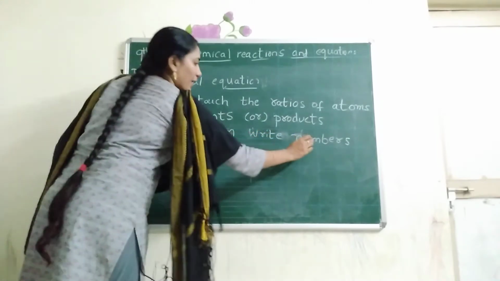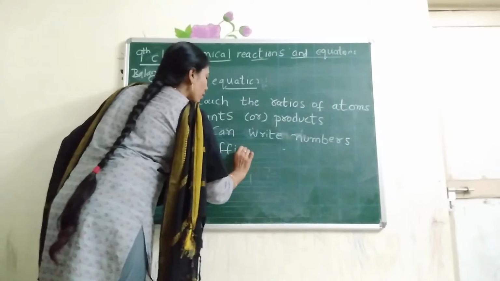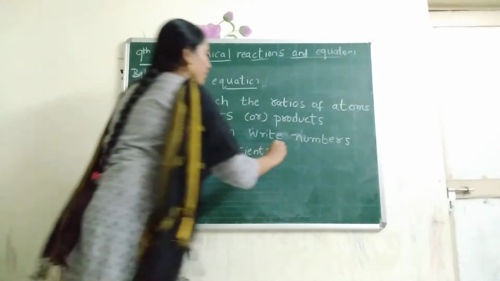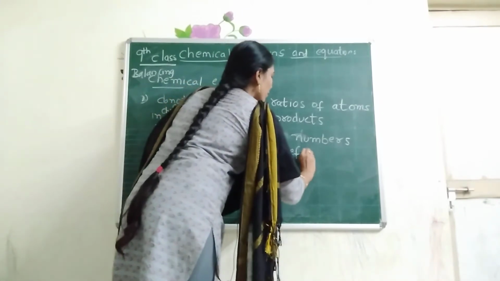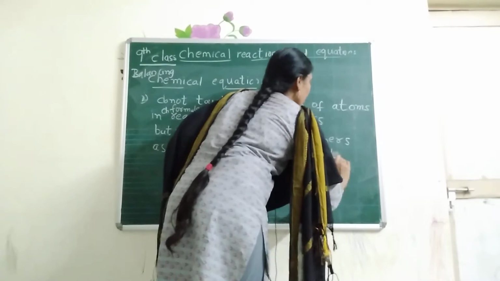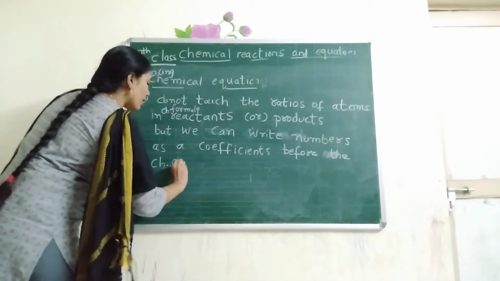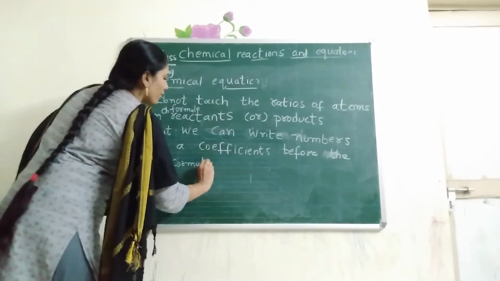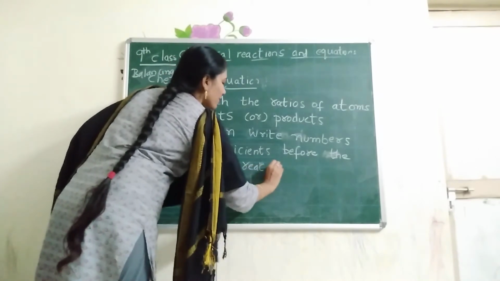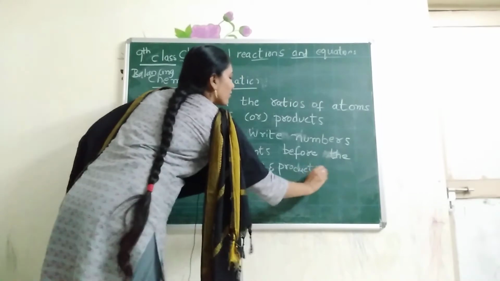We can write numbers as coefficients before the chemical formulas of reactants and products. I will explain this also with an example.